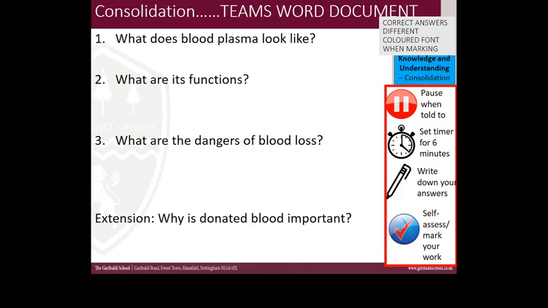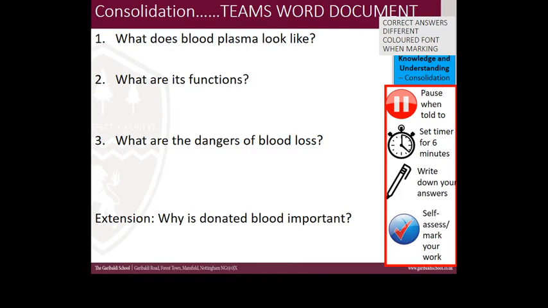So if you made a mistake now, you're going to make the same mistake again because you're not trying to improve your work. And make sure when you are marking it, if you have any corrections, which is fine, you need to make sure it's in a different colored font. So when I look at it, I can see, oh, brilliant, they have self-assessed.